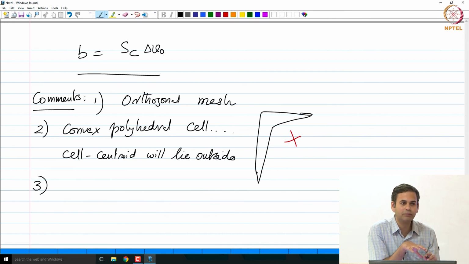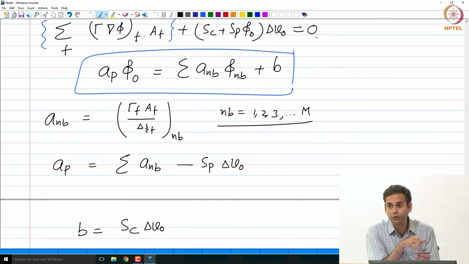Is this treatment limited to 2 dimensions, this entire thing we have done? Let us say we generate an orthogonal mesh that is unstructured in 3D. Can I apply the same thing? We can do it. The only thing is that you have more neighbors now. Instead of 3 for a triangle, if you have a tetrahedron, you will have 4.